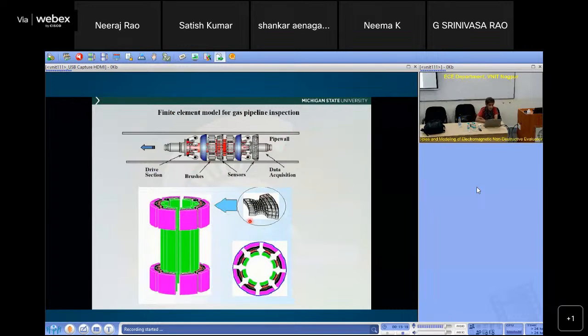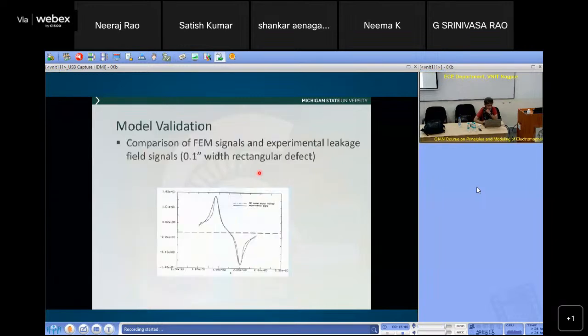So you have not only the nonlinearity of the pipe material, but you also have the question of how the permeability of the pipe material changes in this direction when the field is in this direction. So there's some kind of anisotropy. There are a lot of things that the model has to take into account. But again, it's a lot of work, but it can be done.